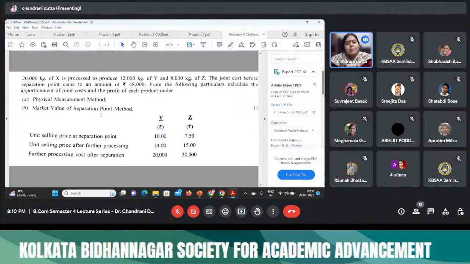Okay, now since the method is specifically asking you for market value at separation point, and you have that data with you, you know the unit selling price is 10 and 7.5. So 12,000 kg into 10, 8,000 kg into 7.5, these will be the market values at separation point.